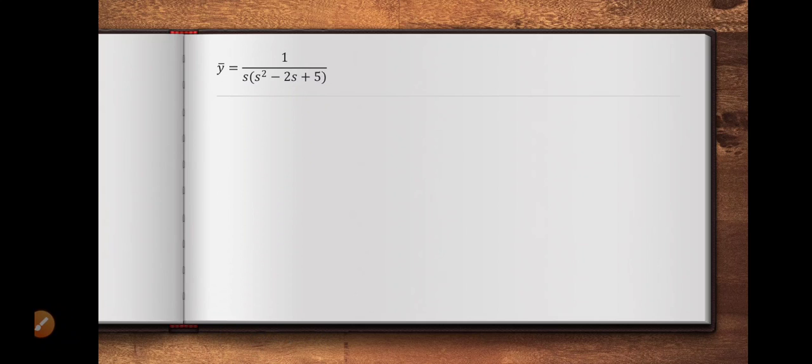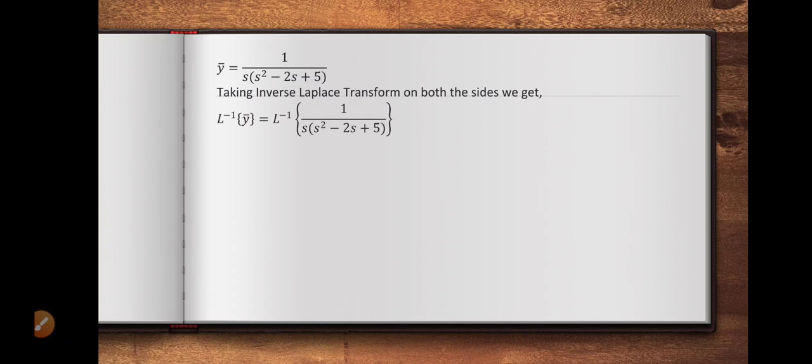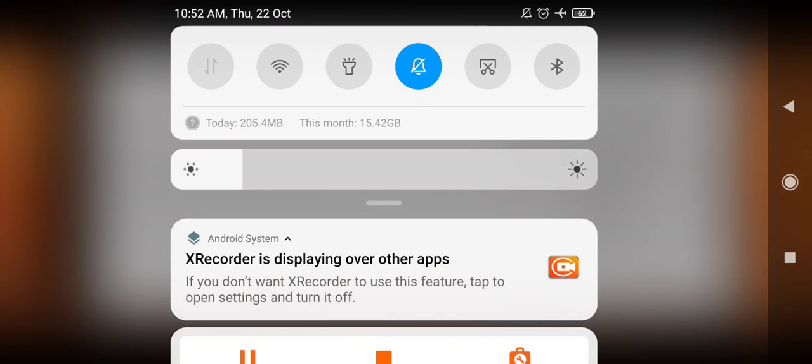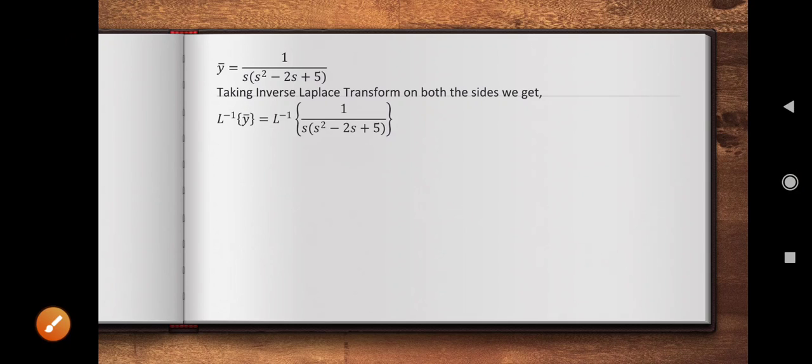Now you have to find inverse LT of this function. So here we can apply the method of partial fraction, or we can use convolution theorem, or we can also use the integration of f of t method to find inverse LT of this function of s.